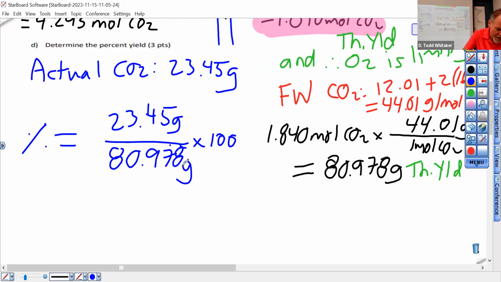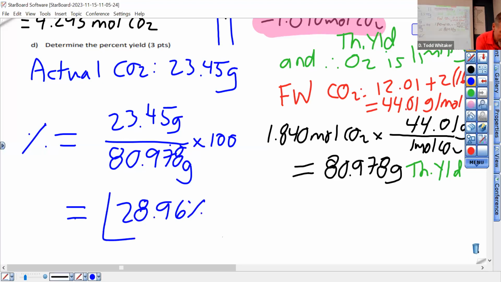Grams over grams, units are gone, percent. It's going to be less than 50, less than 40. I'm going to say 30 something. No, don't make up numbers. Oh, yeah, 28.9 percent. You did it first.